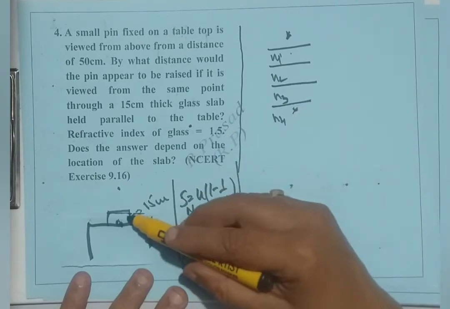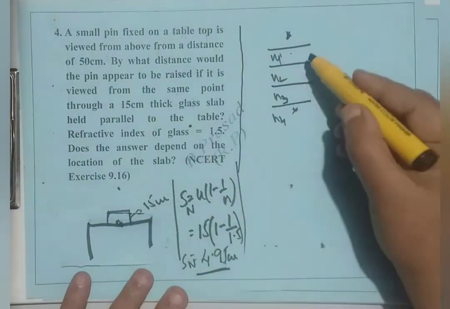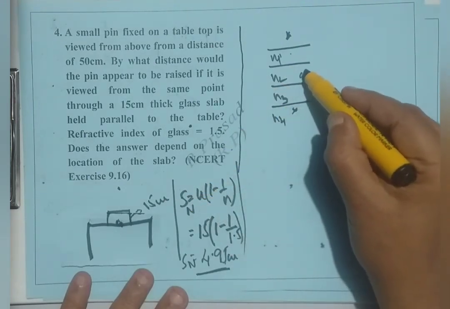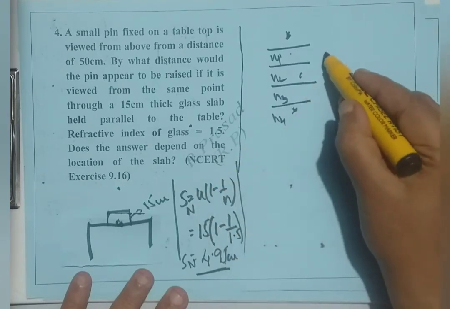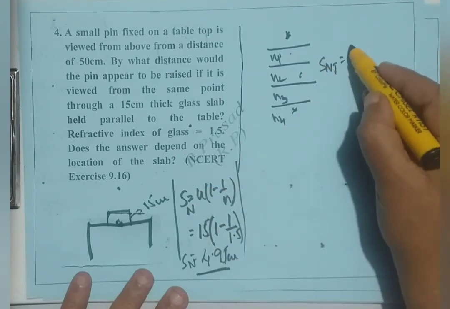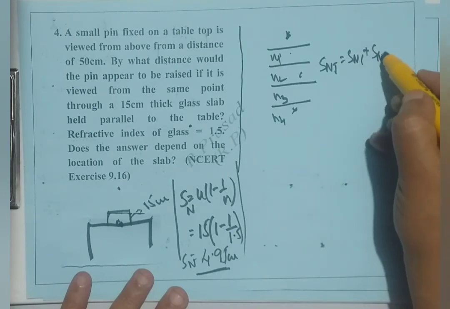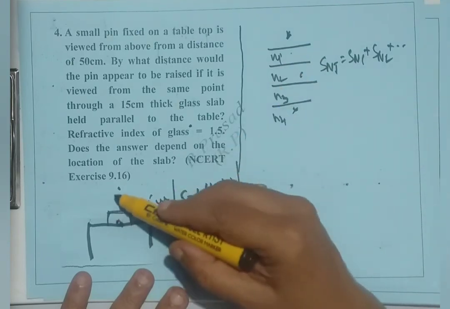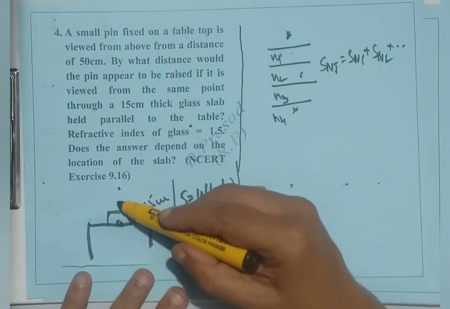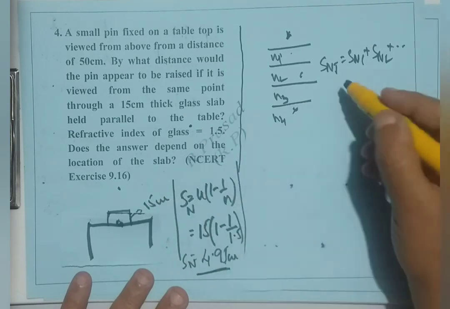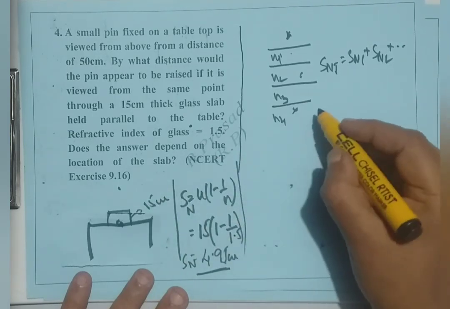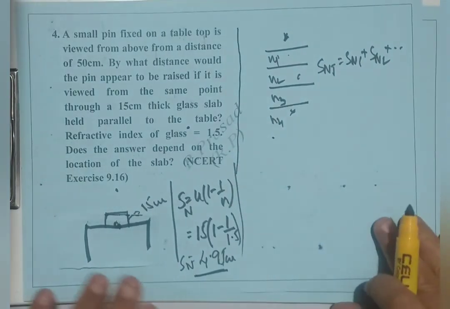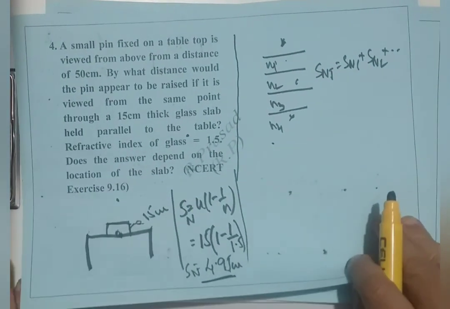Say here we have only one glass medium, then this type of thing will happen. All other things are air. Therefore, once you add, total normal shift Snt equals Sn1 plus Sn2, etc. But as all other media are air, whatever may be the position where you keep the glass slab, all other media is air. Therefore, answer remains same. So that is the answer for fourth question.